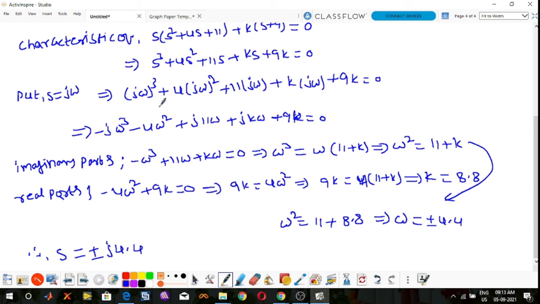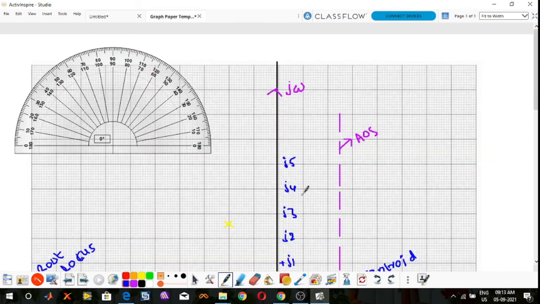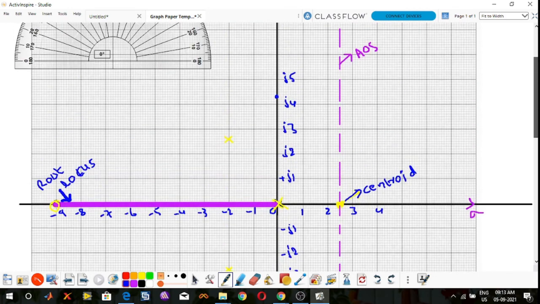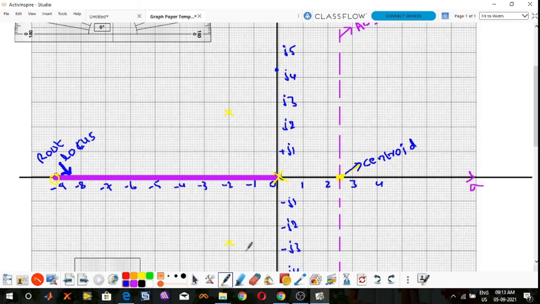On ordinary graph sheet, mark S is equal to plus j 4.4 and S is equal to minus j 4.4. This is S is equal to j 4.4, and this is S is equal to minus j 4.4, the crossing points on the imaginary axis. And now, what is the angle of departure at complex pole A? This is the complex pole A, and this is complex pole A conjugate.